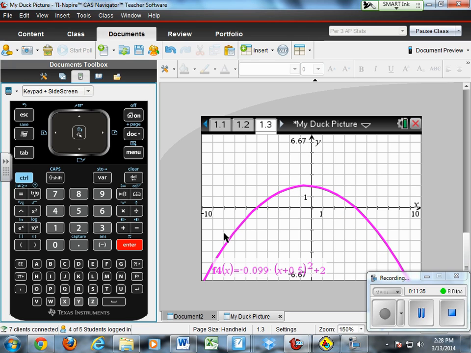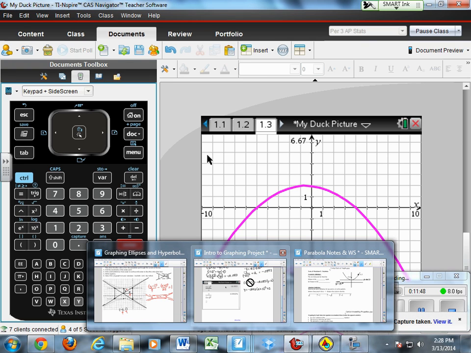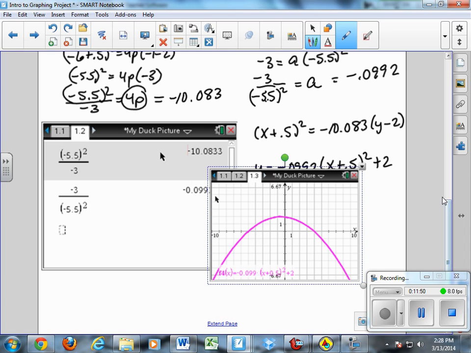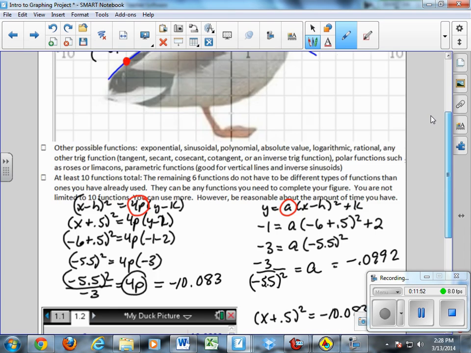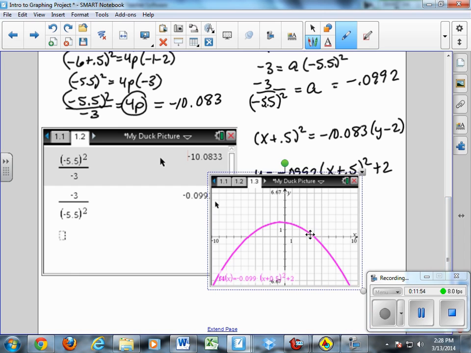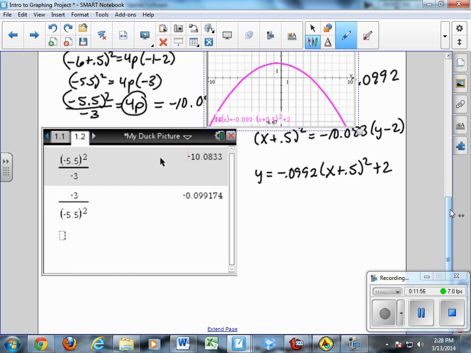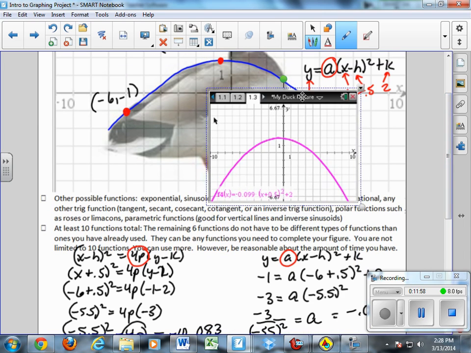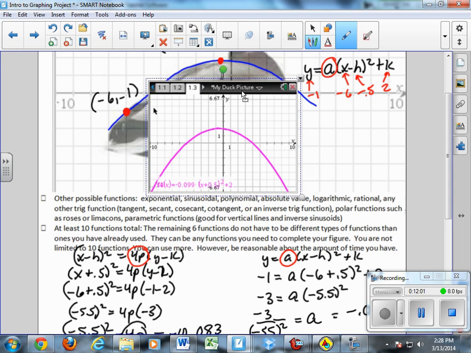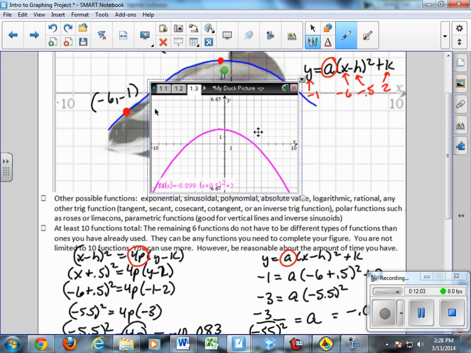So if I go back and compare that, maybe I'll drag that into the graph here. There we go. If I look at that and look at my duck, does that look reasonable? It seems like it's not as wide as I wanted it to be, so maybe I'm going to need to do a little tweaking.